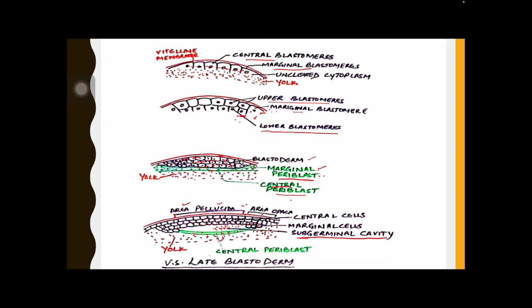And the peripheral part of the blastoderm, which is lying over the yolk, or we can say the marginal cells of the blastoderm, which are in touch with the yolk, appear opaque. ये वाला जो part है, it appears opaque, and now it is called area opaca. Right? So embryo at this stage with subgerminal cavity, area pellucida, area opaca.